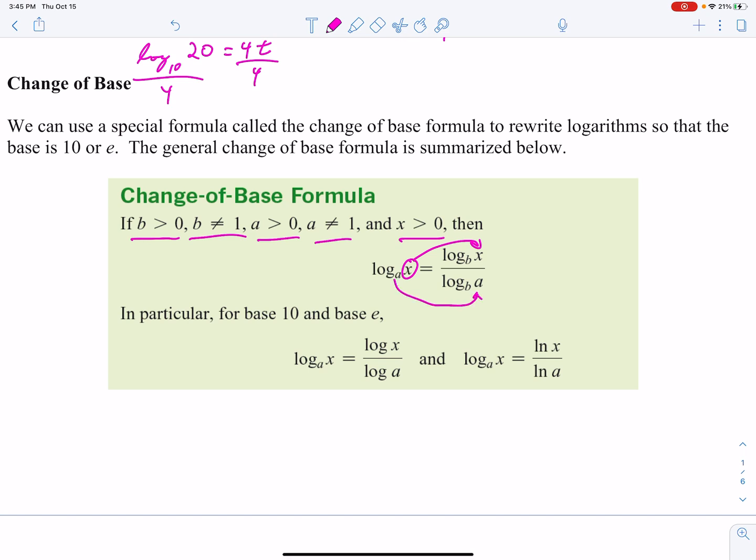Okay, in other words, logarithm of the argument divided by logarithm of the base. Okay, so there's a couple different forms here. We could use log of x over log of a. We could also use natural log of x divided by natural log of a. Okay, these are all equivalent. You'll get the same answer.